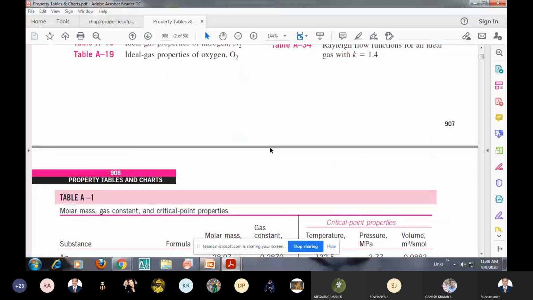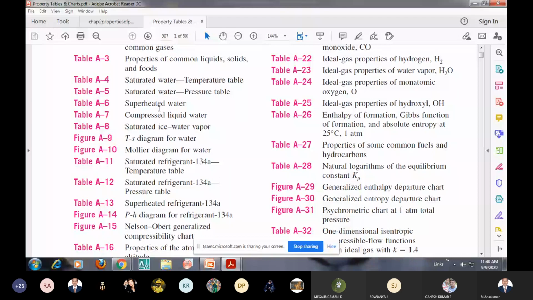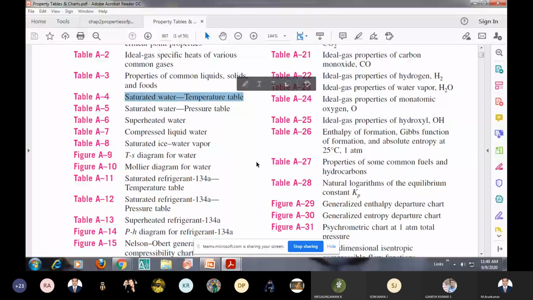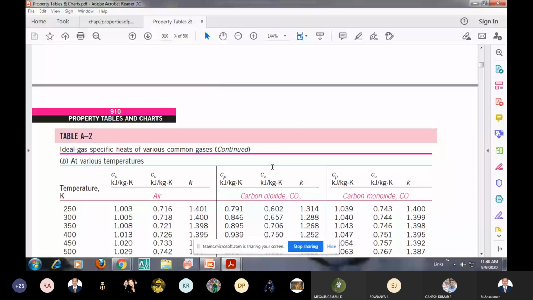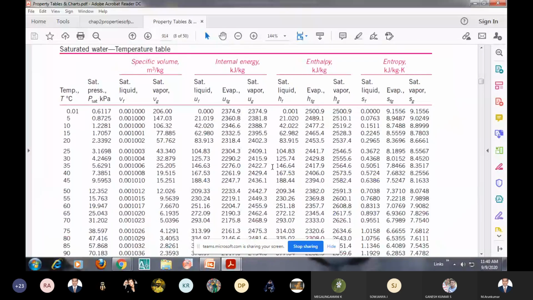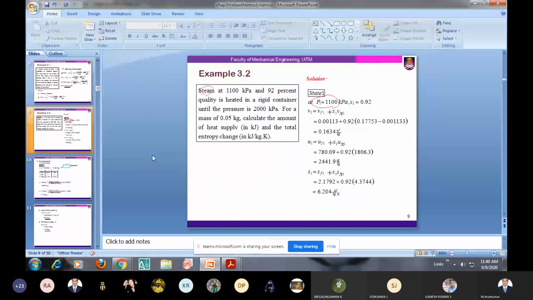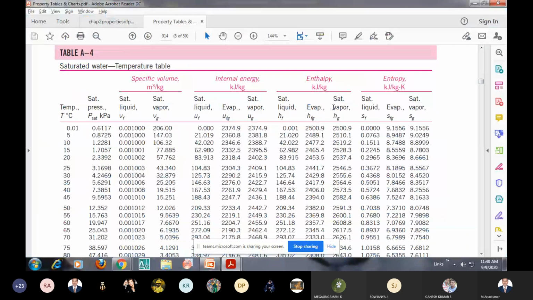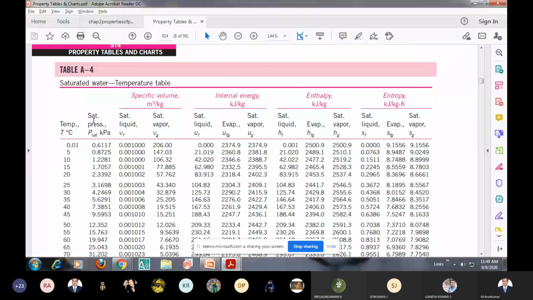So we have to look at the properties of steam, table A4, for 1100 kilopascal.